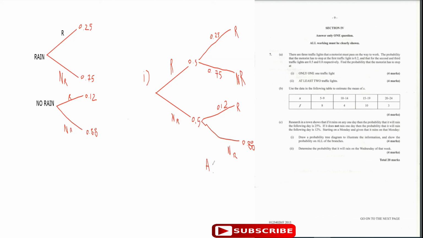Now the question says, determine the probability it will rain on Wednesday of the week, starting on Monday, and given that it rains on Monday. So they're telling us that it rains on Monday.